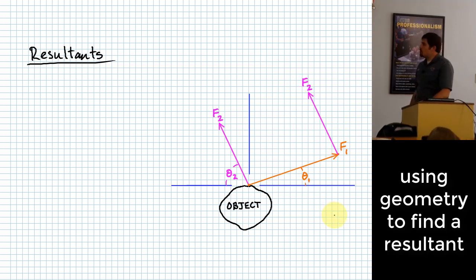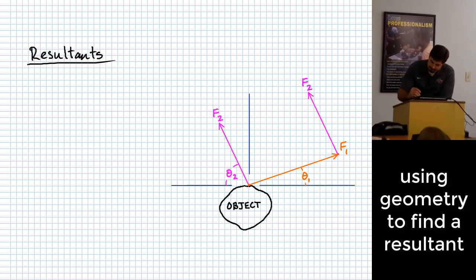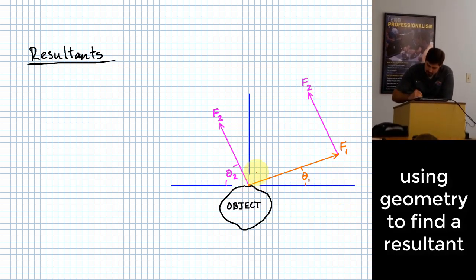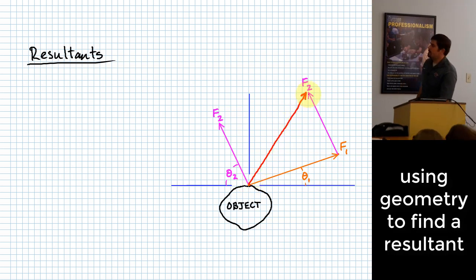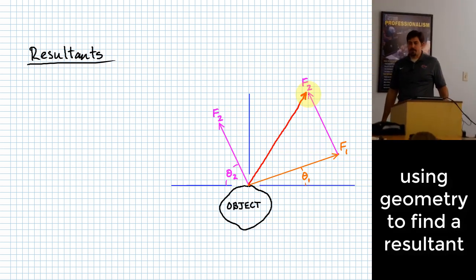And if you draw a new vector that goes from the original point of application out to the end of the last vector, like this, let me make that a little bit better aligned. All right. Something like this. That is the resultant of those two forces.